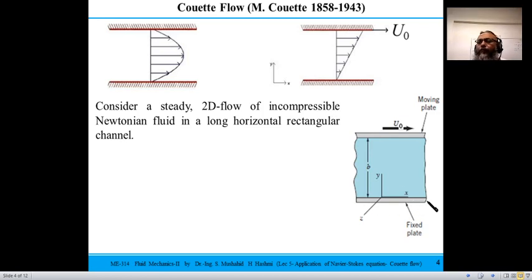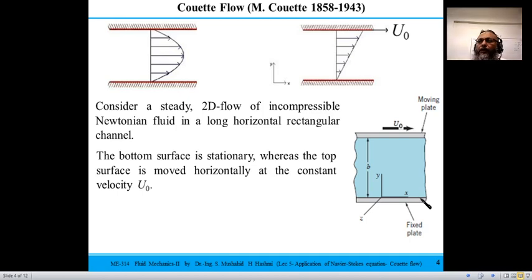The schematic of the problem looks like this. The bottom plate is fixed, which is not moving, is stationary, while the top plate is moving, and the distance between the two plates we represent by a symbol B, and the top plate is moving with a constant speed, and we use the letter U naught to represent the constant speed. So one plate is fixed, the other is moving.